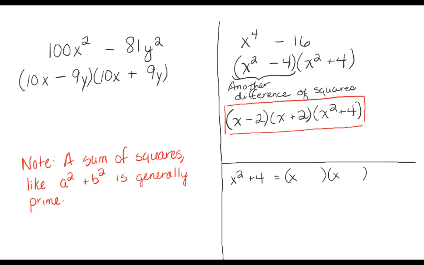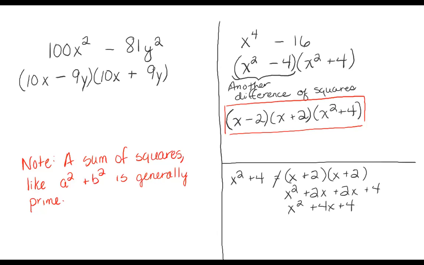So for example, if I tried +2 and +2, when I multiply out that right-hand side, I get x squared plus 4x plus 4. And there's no way to manage things so that the middle term cancels. So a sum of squares is something that we just can't factor using real numbers.